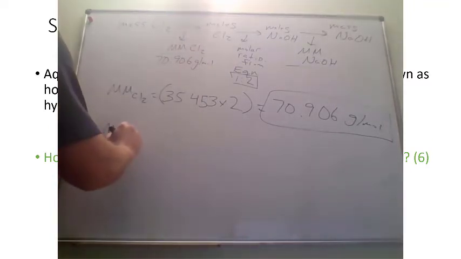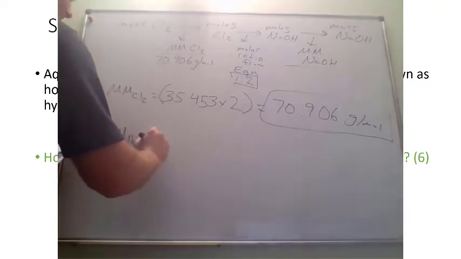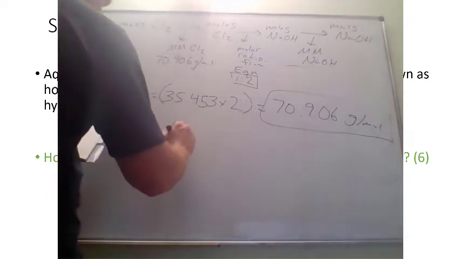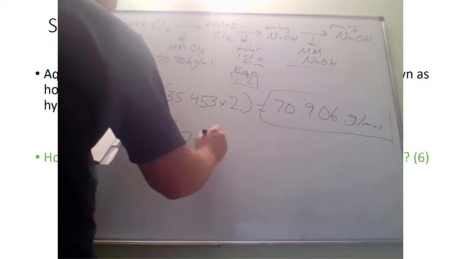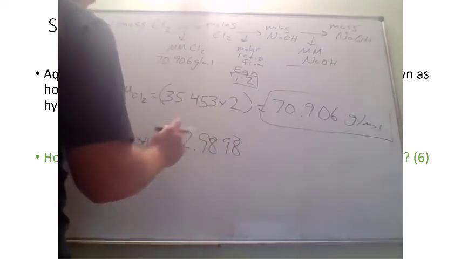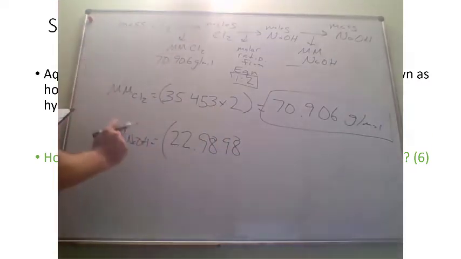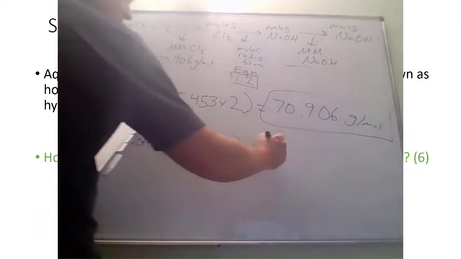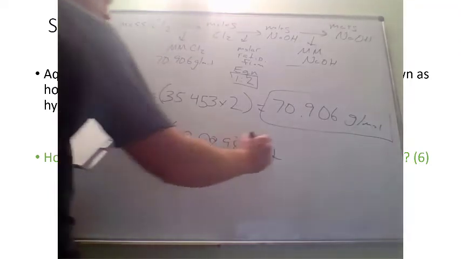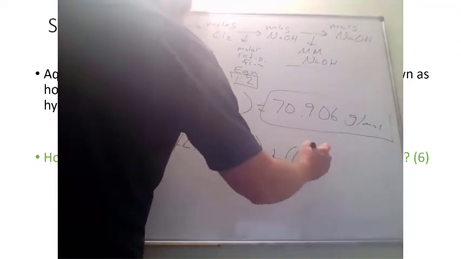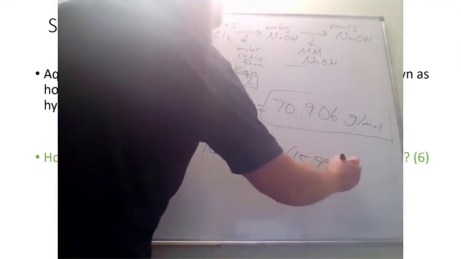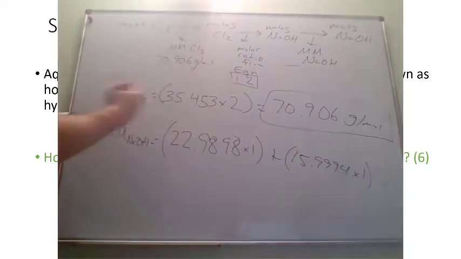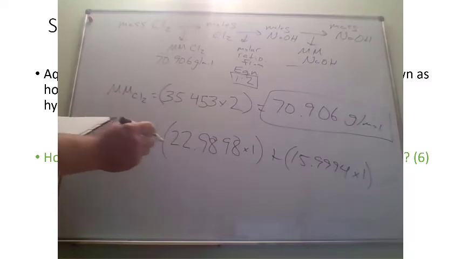Now our molar mass of NaOH, we're going to see the molar mass for sodium is going to be equal to 22.9898. And there's only 1 sodium in NaOH, so we can multiply that by 1. Plus our oxygen, which is 15.9994. Again, we're finding these from the periodic table. There's only 1 oxygen, so we multiply that by 1.